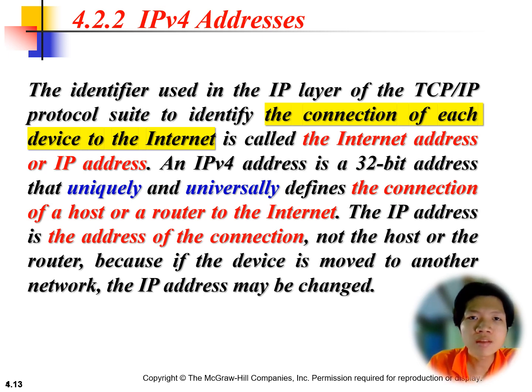The IP address is the address of the connection, not the host or the router, because if the device is moved to another network, the IP address may be changed.